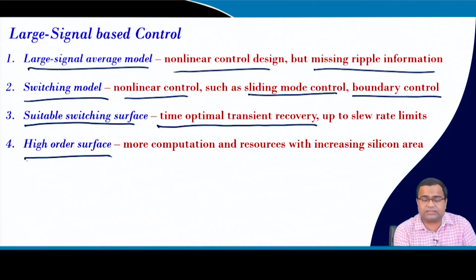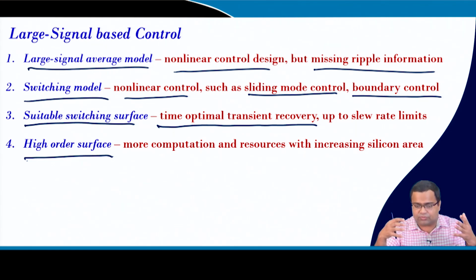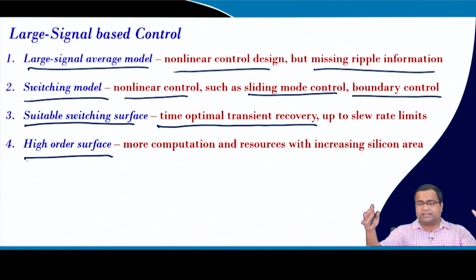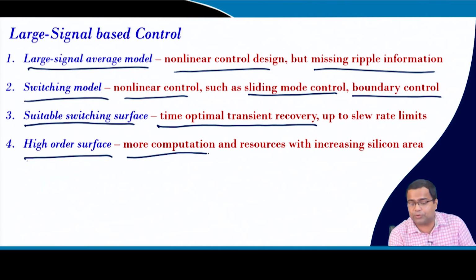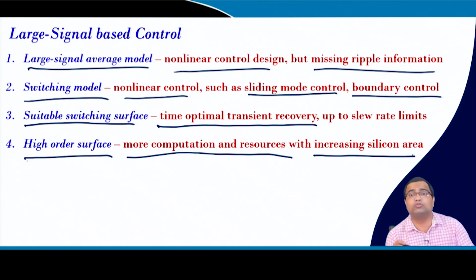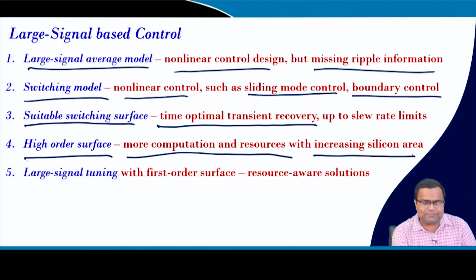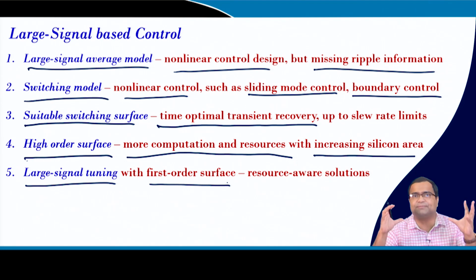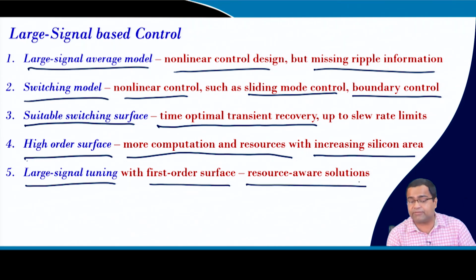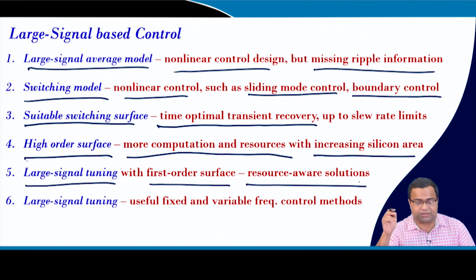The higher order switching surface tries to mimic the target trajectory, but this kind of higher order switching surface may be difficult from a computational and resource point of view, and in case of an integrated circuit it can require more silicon area. Whereas, if you go for large signal tuning, which uses only a first order switching surface, this can be resource aware and it can offer an optimal solution.